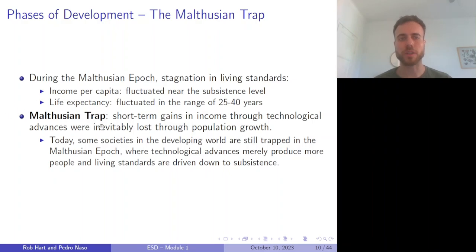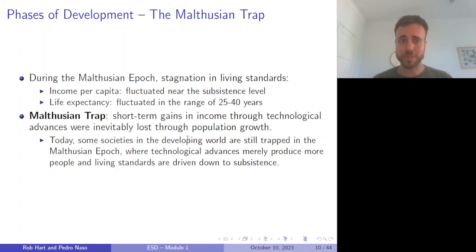So the Malthusian trap is defined as the short-term gains in income through technological advances being inevitably lost through population growth. Again, every time there was a gain in income per capita via increased productivity, population would grow, and then this gain would be eaten up by increased population. You would have to share the gain with more people. And then people would die and population would go back to the equilibrium level.